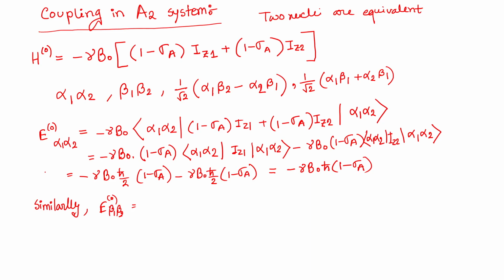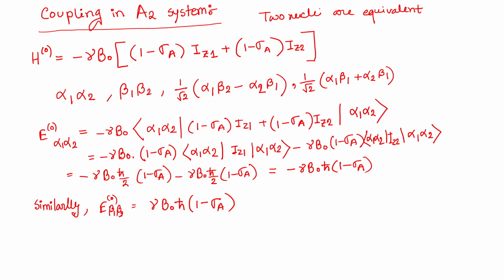So you are going to get this minus thing, and that is why you are expecting that you are going to get gamma b0 h cut 1 minus sigma. Okay, this is going to be your energy for the unperturbed fourth in the A2 system.